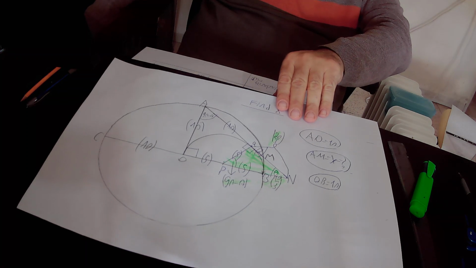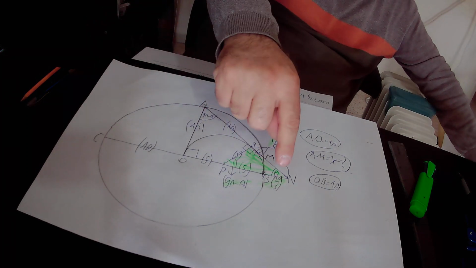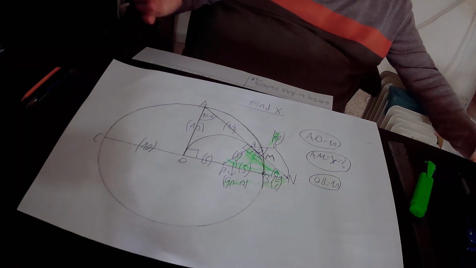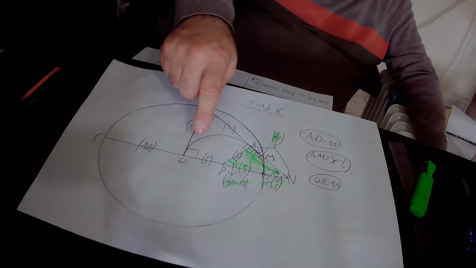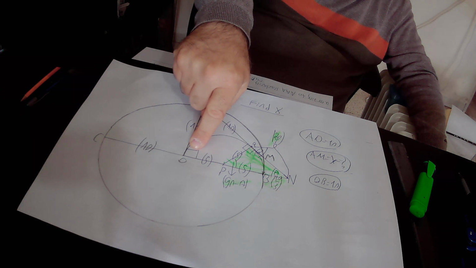So, first of all, we know that AOB is a quarter circle according to what is given in the question. Therefore, this angle AOB must be a right angle, that is to say, it must be equal to 90 degrees.